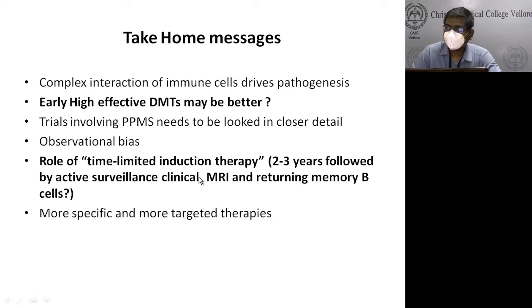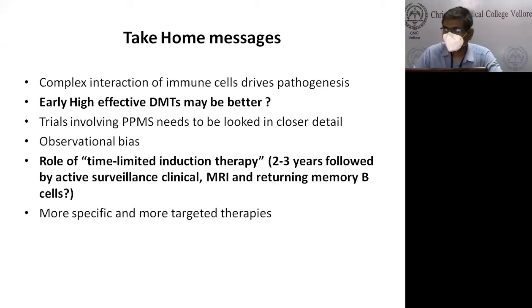That is what we discussed, escalation therapy versus early initiation of highly effective DMTs. This is the concept of time-limited induction therapy, in which for the first 2 to 3 years you start aggressively, monitor them actively with clinical surveillance and MRI, and treat to target, looking at your memory B cells, CD27 or CD19, and try to maintain good disease control for the first 2 to 3 years.